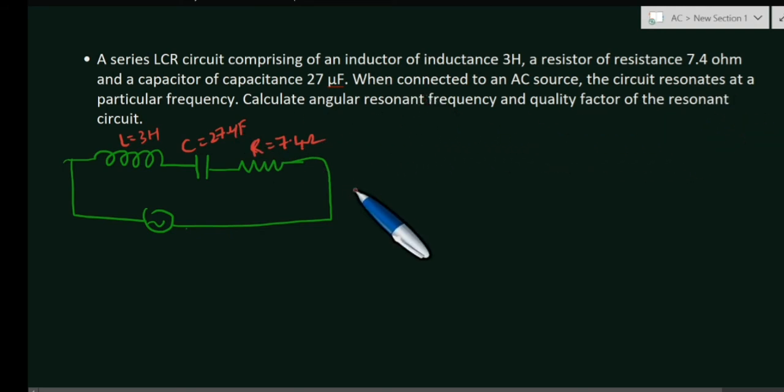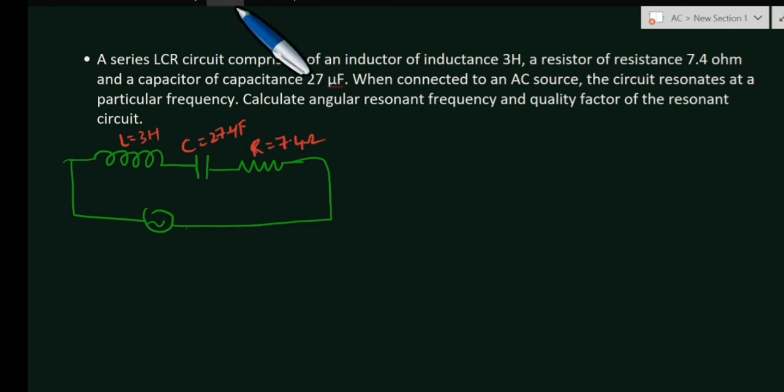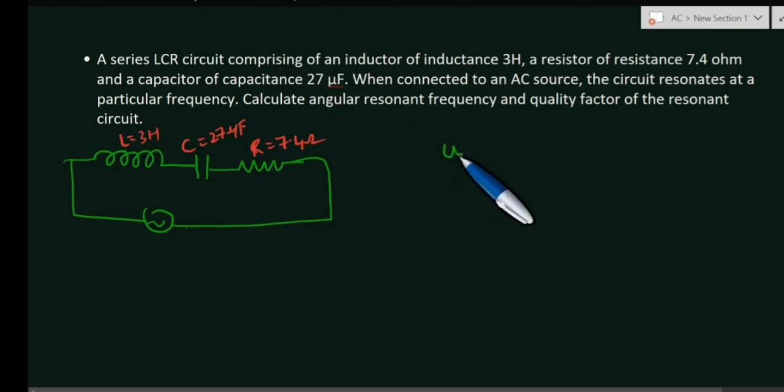So the circuit resonates at a particular frequency, we don't know that, and we need to calculate what is the value of angular resonant frequency and quality factor Q.